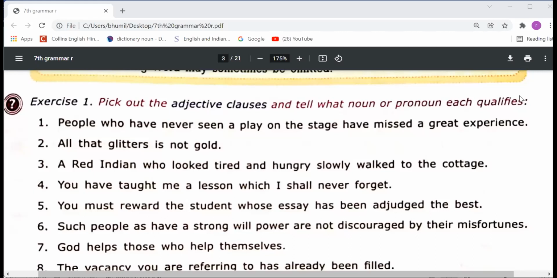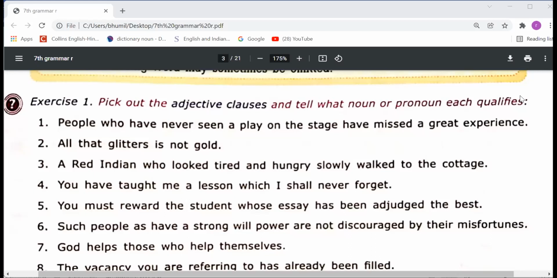Okay, next sentence is that you must reward the student whose essay has been adjudged the best. So who will let me know about this sentence? Palak, you please tell me. Yes, sir.